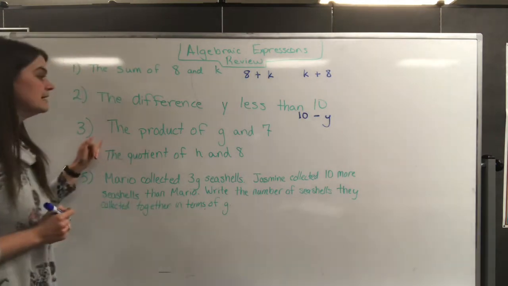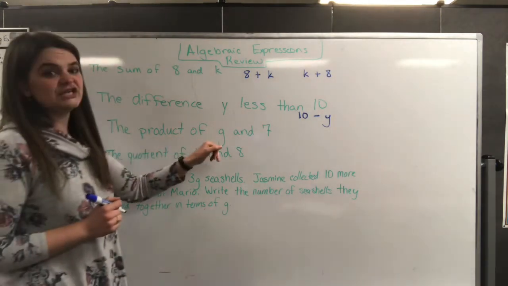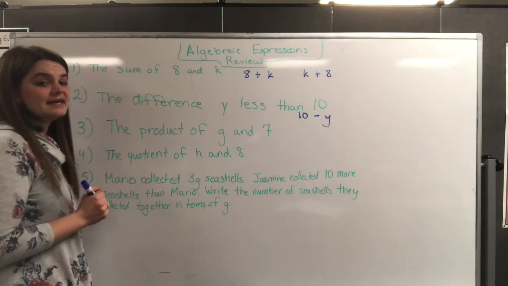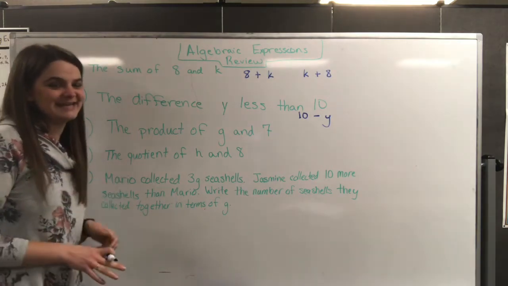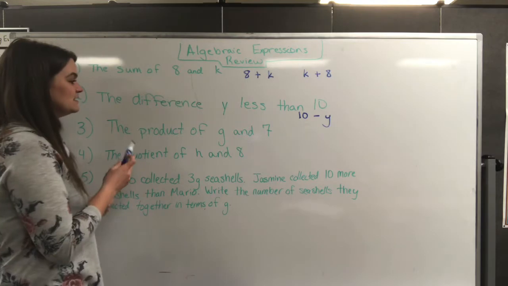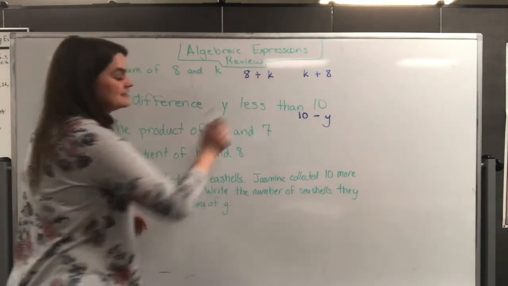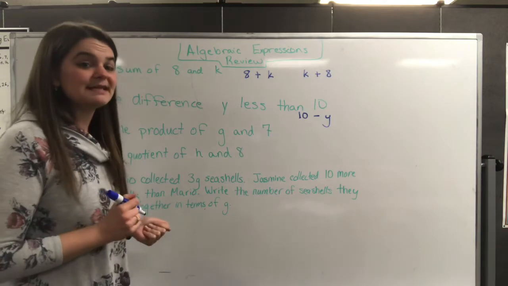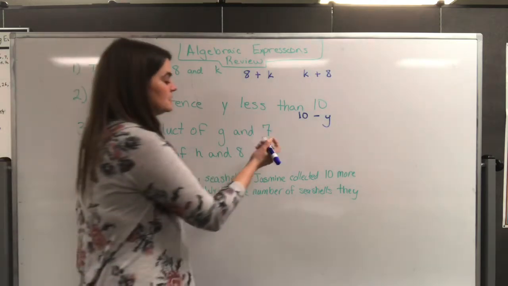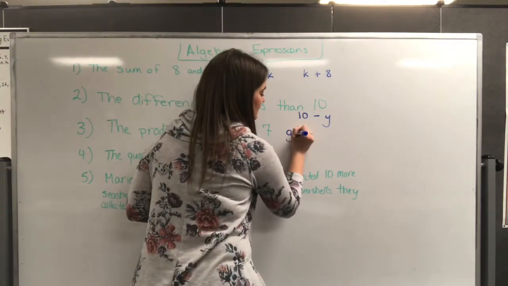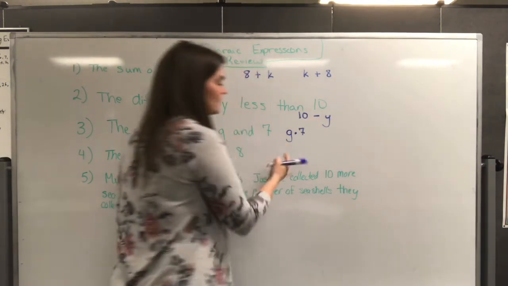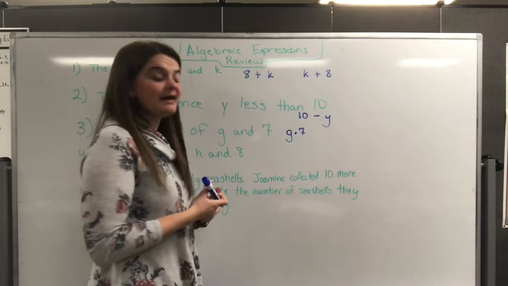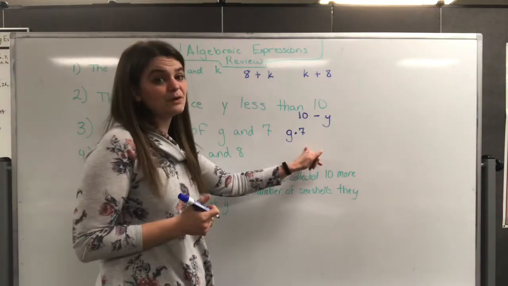The next one, the product of g and 7. Product is the answer to a multiplication problem. So we need to do g times 7. Now remember, we're not writing an x anymore for a multiplication symbol because that would look like a different variable. So we would write g times 7 with our dot as our multiplication symbol. However, this is not as simple as we can write it.